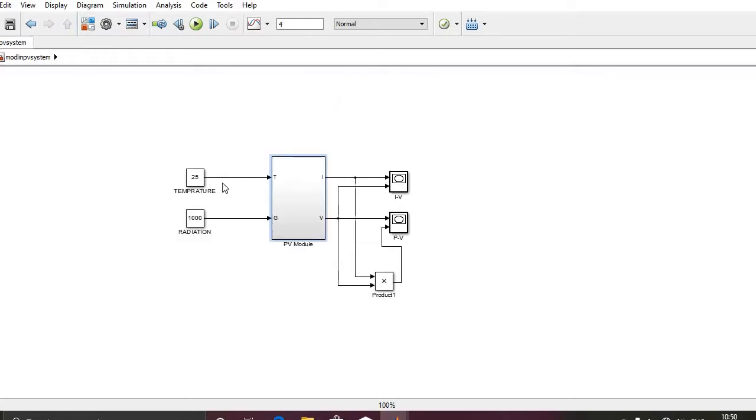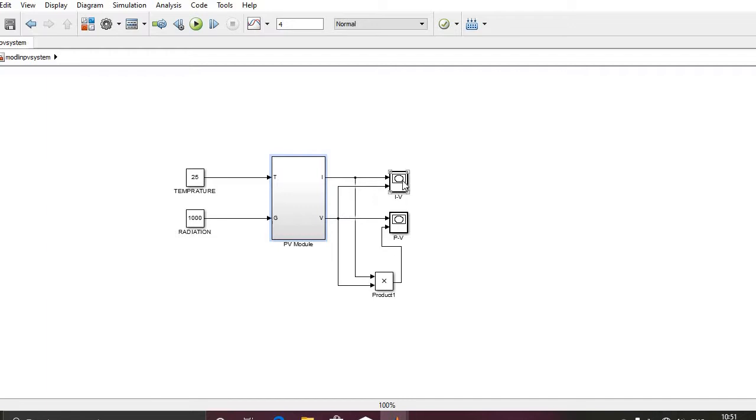So now we have set our temperature at 25 degrees Celsius, meaning 25 plus 273 is equal to 298 Kelvin, and radiation is 1000 watt per meter square. By using these two inputs, the PV module will give some current and some voltage.